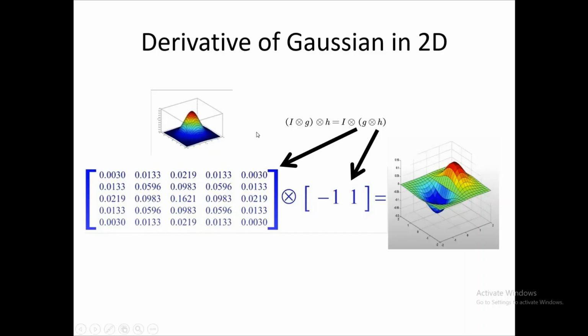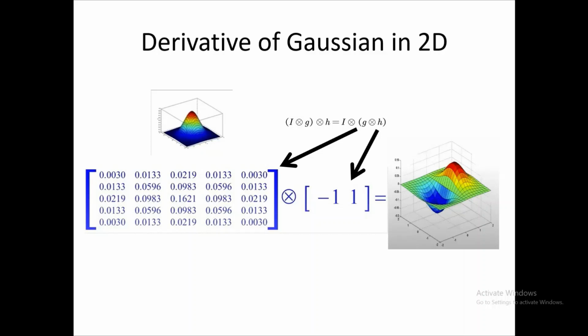Maybe it's a Sobel operator, or maybe some other operator, but it's a small filter taking a derivative, and g here is our Gaussian. As we said before, because of the associative property of this operation, besides smoothing and then taking the derivative, we can apply the Gaussian with its derivative.